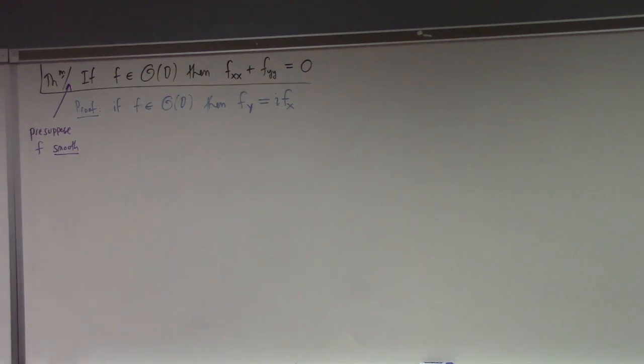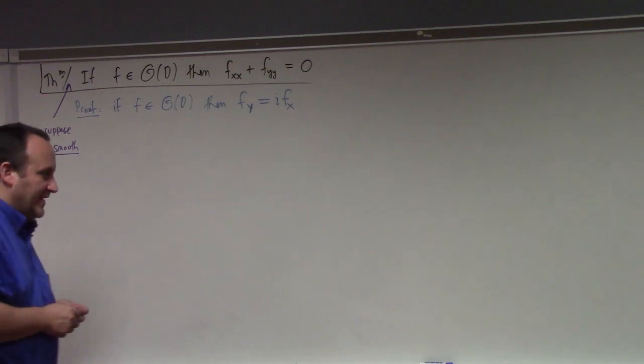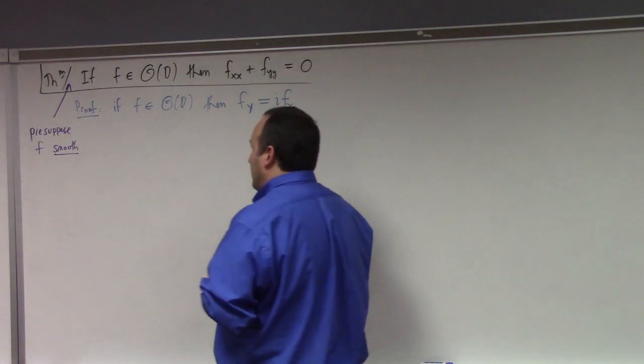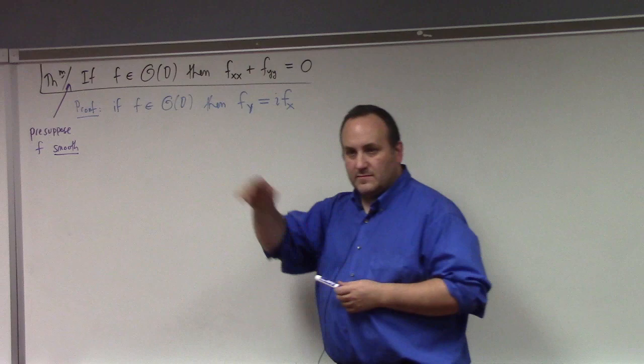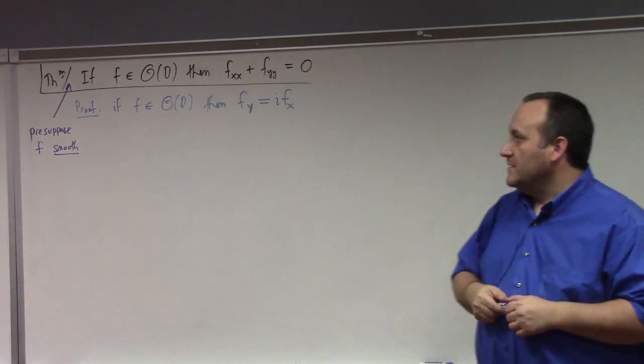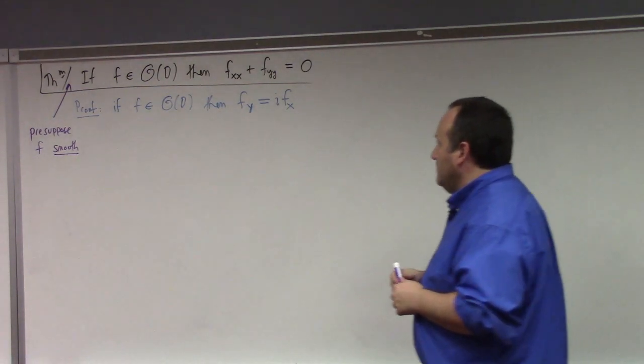A smooth function in the real sense. We'll eventually learn that we get that for free. If f is holomorphic on D, it's necessarily smooth. But that's later. We don't have the technology for that yet, so we have to make the assumption at the moment. Okay? So fine. Then what?